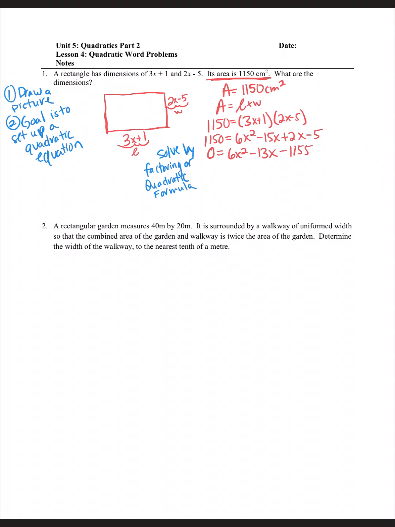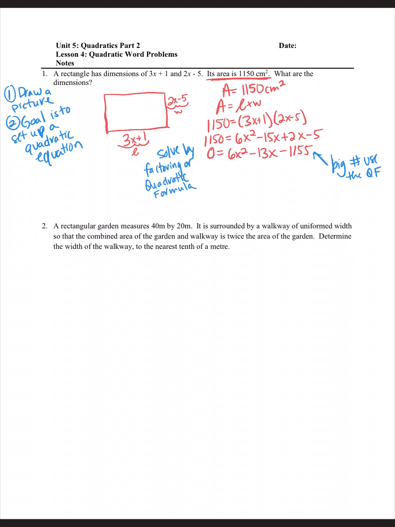Okay, when we have numbers as big as this, just go ahead and use the quadratic formula because it will take a long time to figure out, could this factor? This number is like in the thousands. I'm not sure what numbers multiply to it. So when you have a big number, just use the quadratic formula.